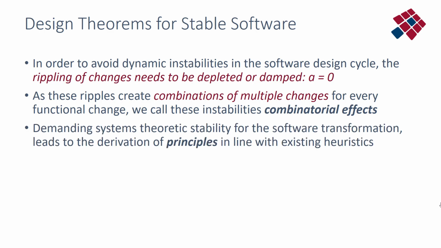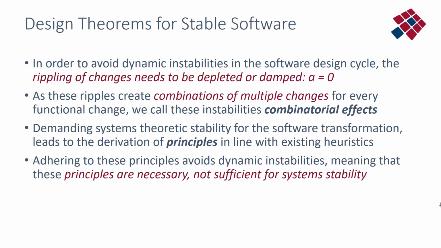Now, if we want to avoid these combinatorial effects, and we demand that no such instabilities exist, we have derived a number of design principles which are in line with existing heuristics. And we have proven that adhering to these design principles is a necessary condition to avoid combinatorial effects or dynamic instabilities, not necessarily a sufficient condition.